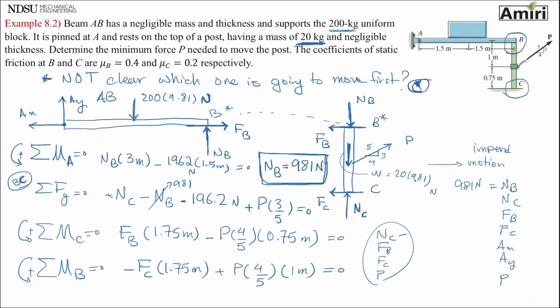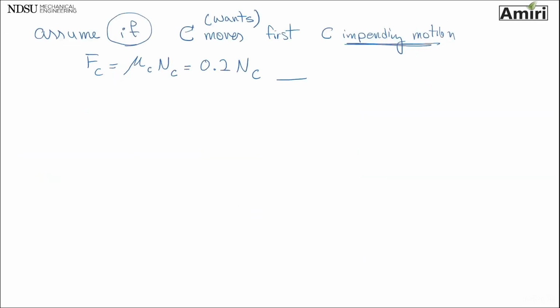All right. So now I got to put it back into the equation. So FC equals 0.2 NC. Then how many unknowns do I have? FB, NC, and P. I have 3 equations, 3 unknowns. I should be able to solve it. If you solve those equations, you're going to get NC 932, FC 186, FB 140.